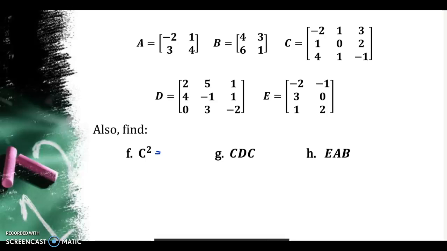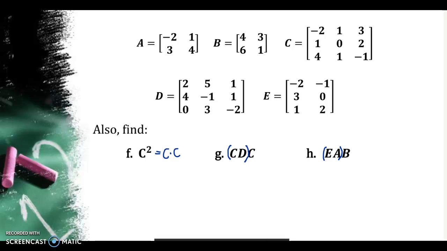First of all, C squared is just taking C and multiplying it by C. When we do C times D times C, what we're going to do is take C times D and then multiply by C. Same thing with EAB. We're going to take E times A and then multiply by B. And we'll do two separate multiplications to get our solutions.